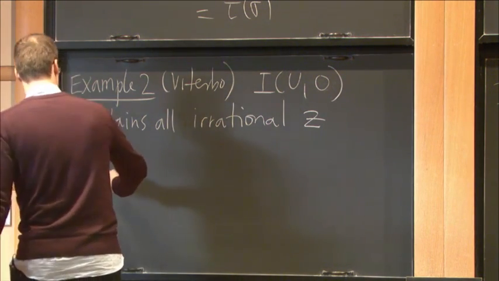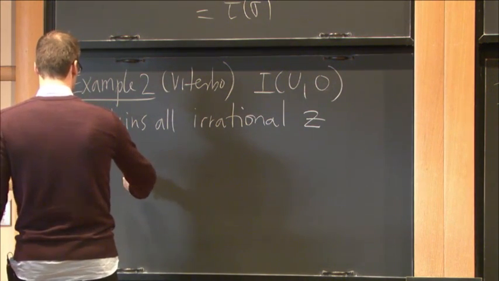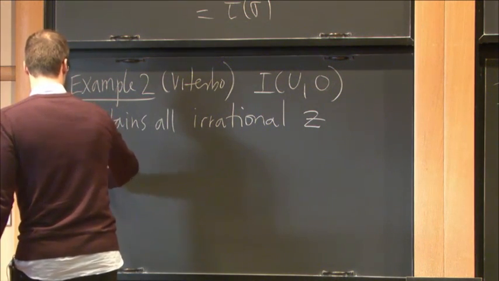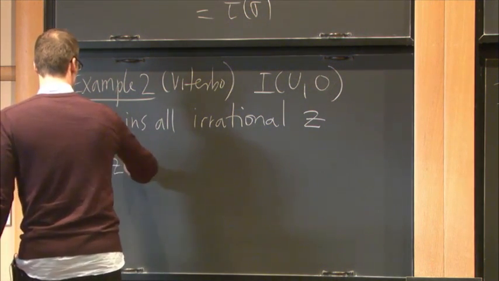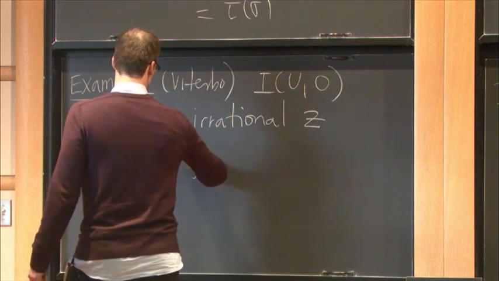So you can find some matrix A, so A times Z is Y, and Y is small.